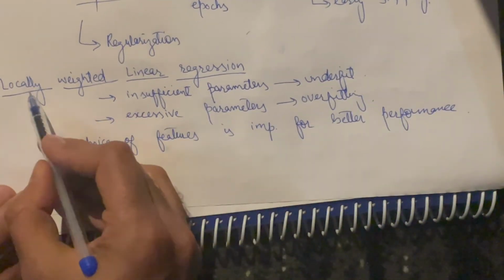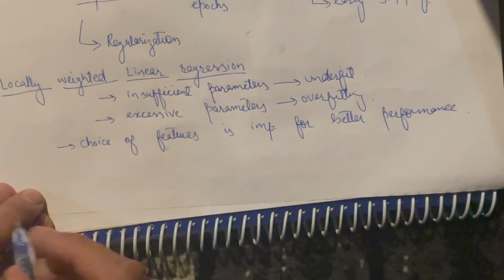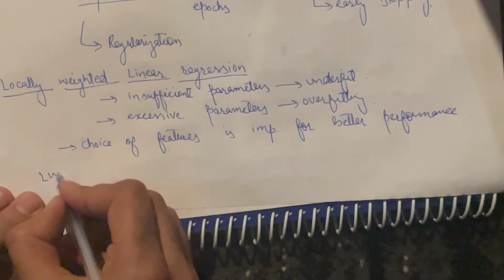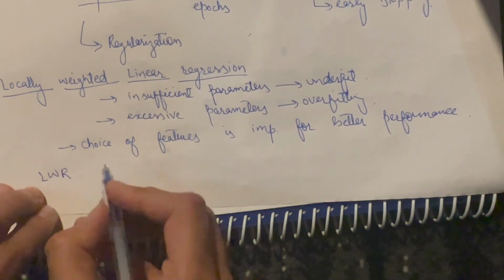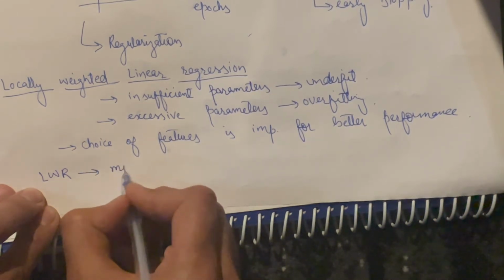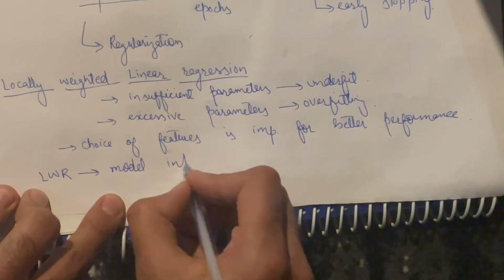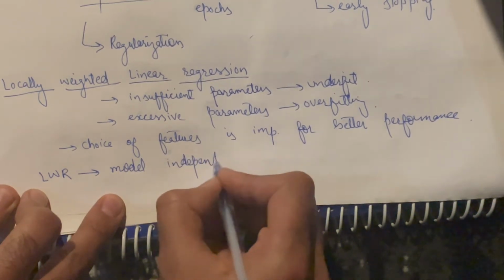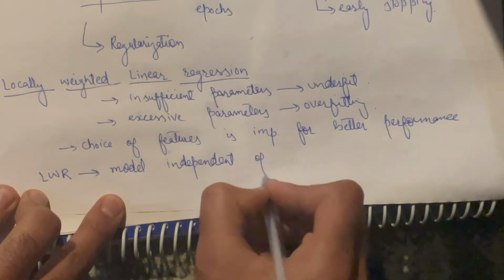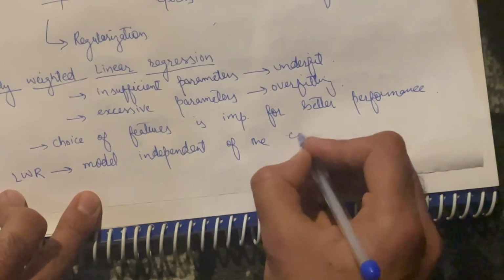But what locally weighted linear regression does is make the machine learning model independent of the choice of features.